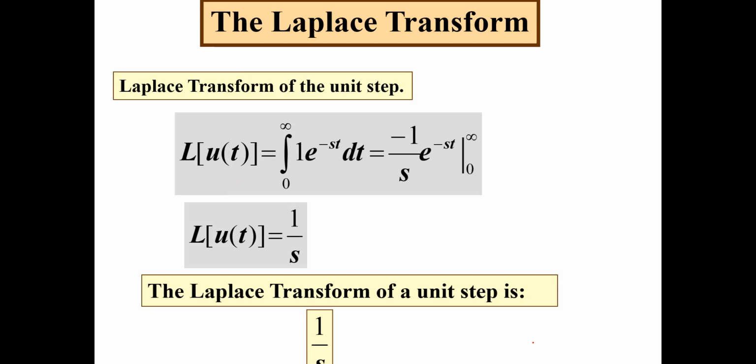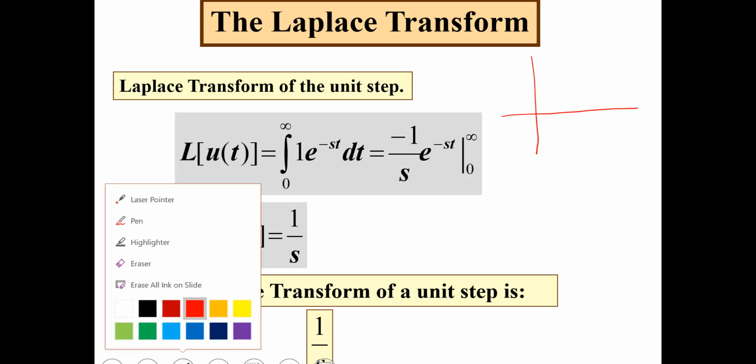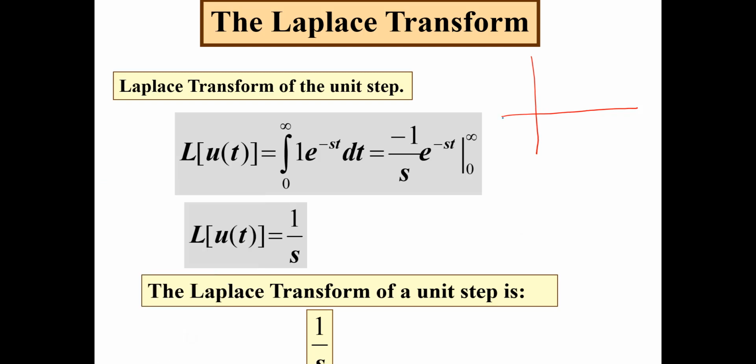For example, the first one is the unit step. If we have a signal that starts from 0, this is the unit step. This is domain t.